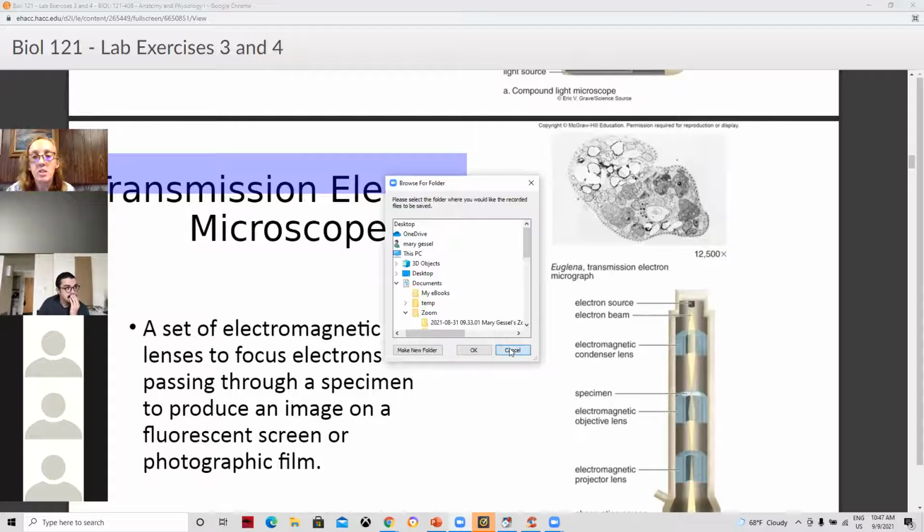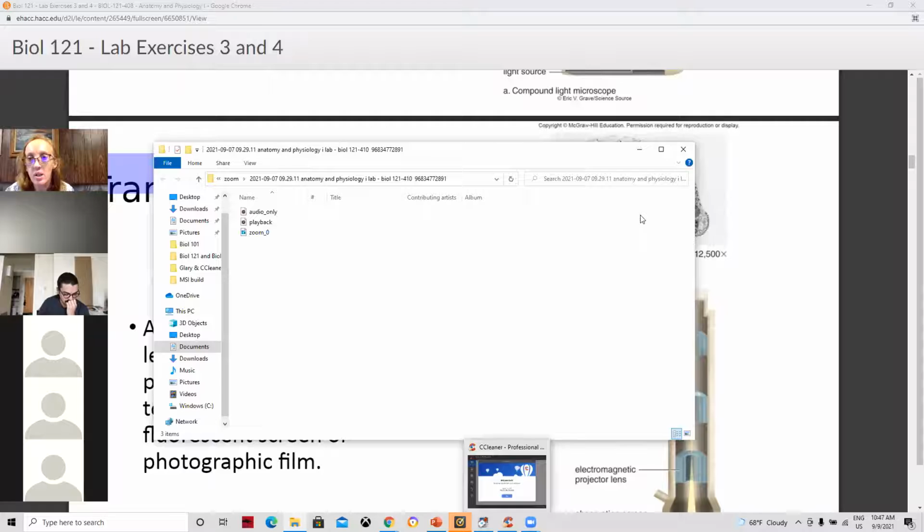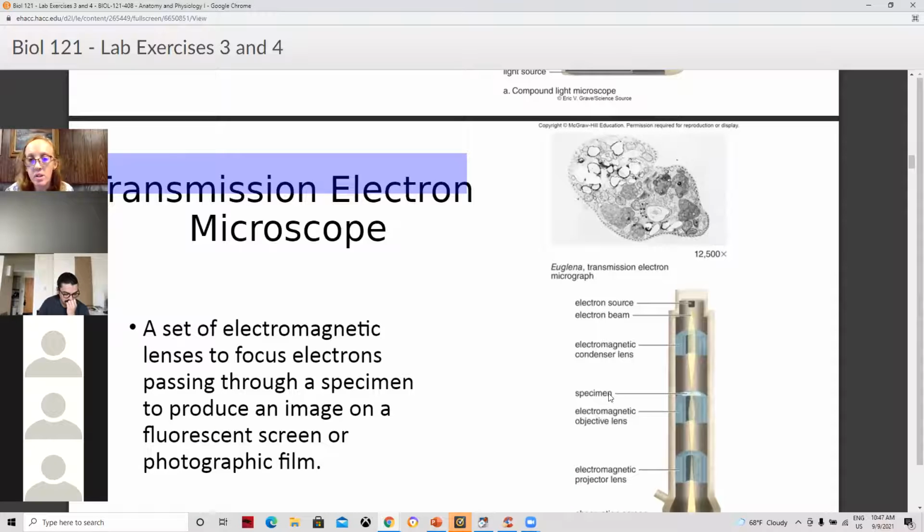Bear with me just for a second. I know I have a student who's trying to get into class here, and I'm trying to get them in.